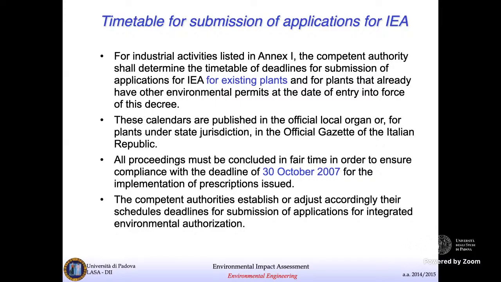And of course, as always happens, we are far away from this deadline, meaning that there are, in Italy at least, still some power plants that shall operate under integrated environmental authorization by the deadline of 2007, but they are still not operating. The competent authorities establish or adjust accordingly the scheduled deadline for submission of applications for integrated environmental authorization.